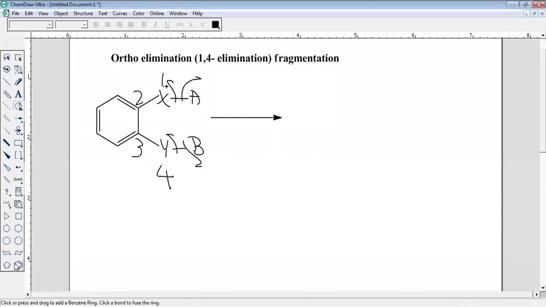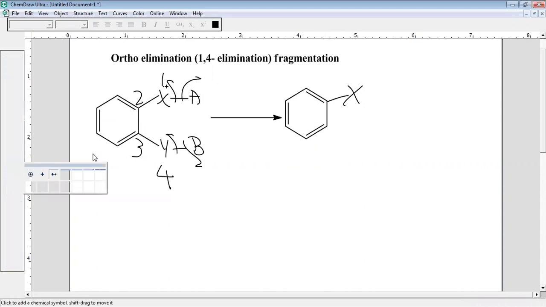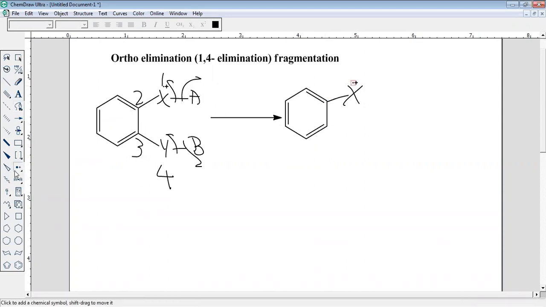Benzene is written like this. There is a bond formation from this carbon to this X. X already has a positive charge and one more electron is there. So one extra electron we can write like this, which comes from the breakage of this bond.